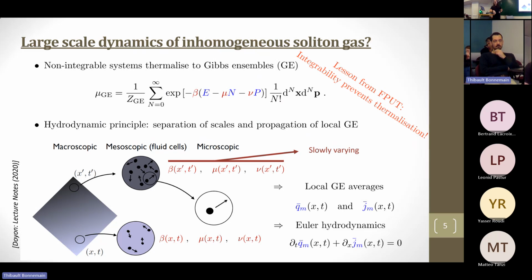Non-integrable FPU. Yeah, exactly. So the thing is, FPU is very close to integrability, so it does thermalize, but extremely slowly. And when they did their initial simulations, they couldn't reach equilibrium.